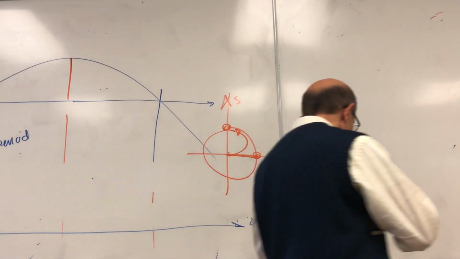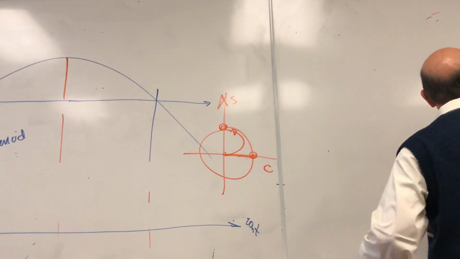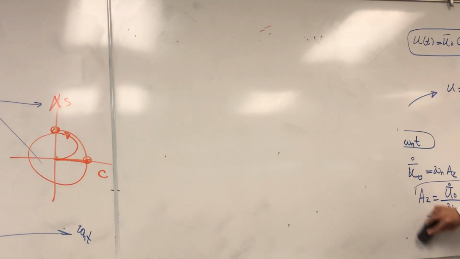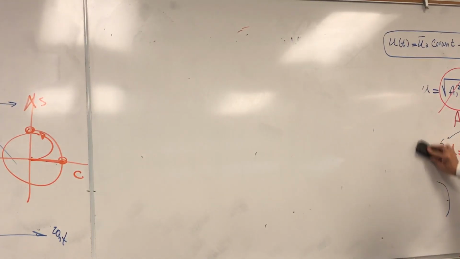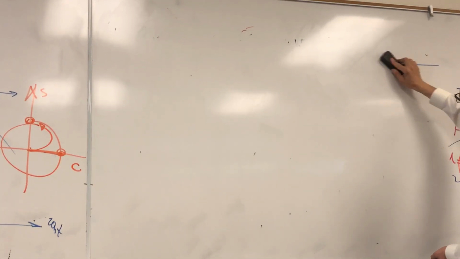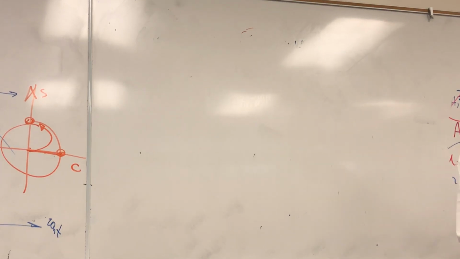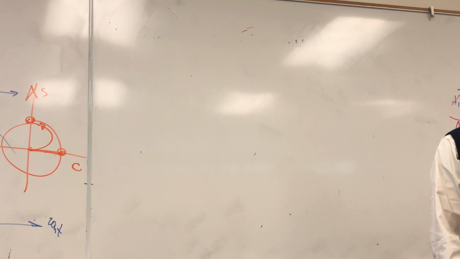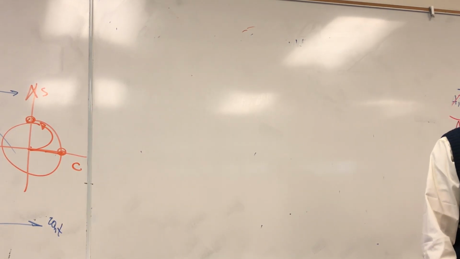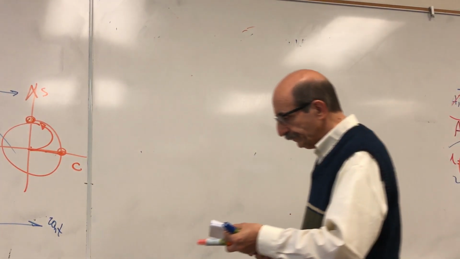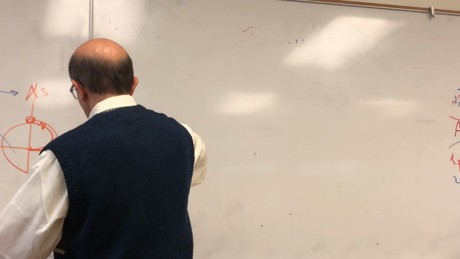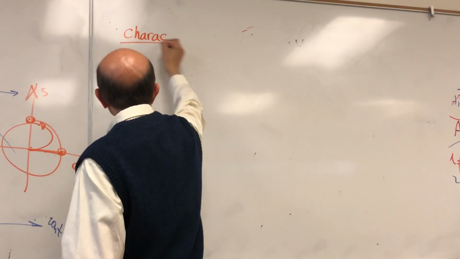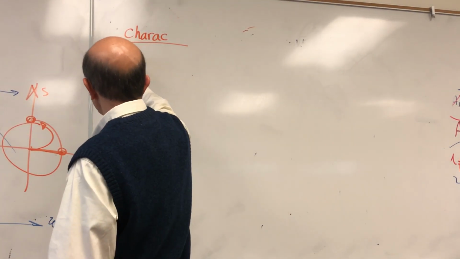There are 3 things we want to summarize from this free vibration, which will help us with the next step, which is modeling. Number 1, we fully understood, or I hope at least, that this motion repeats itself. So I would write that as the characteristics of the behavior of the system.